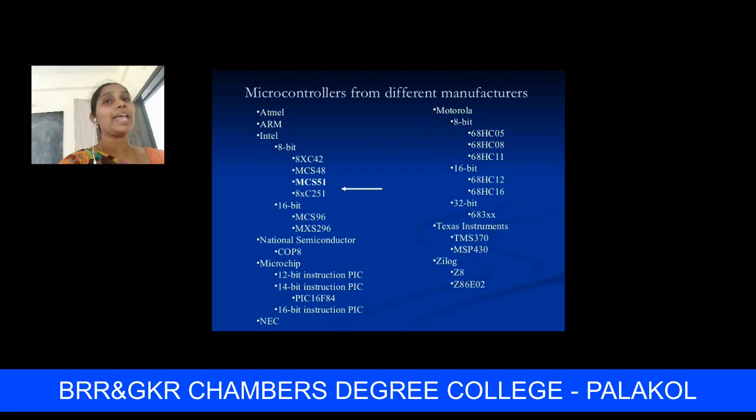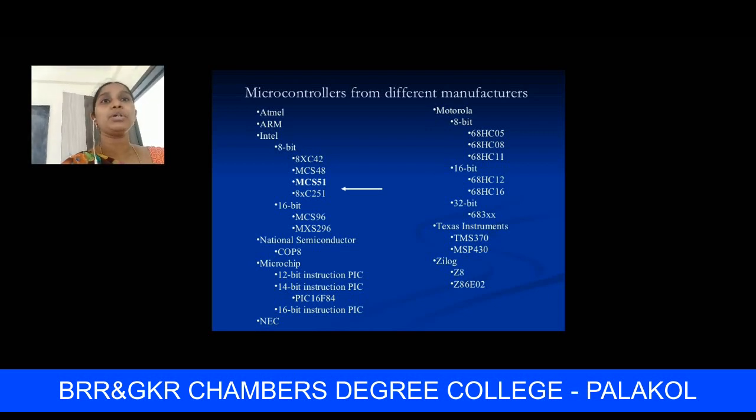Here, what is meant by MCS? MCS means microcontrollers. MCS 48, MCS 51, that means microcontrollers 51. So as a shortcut, we call microcontrollers MCS. In your subject, in your paper, we will discuss only the MCS 51.